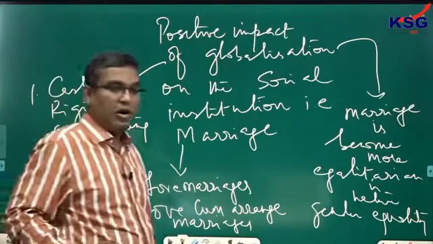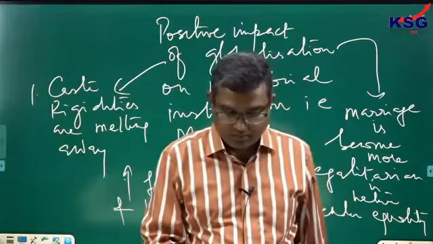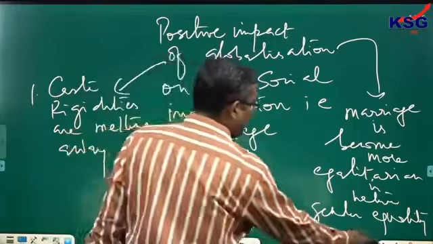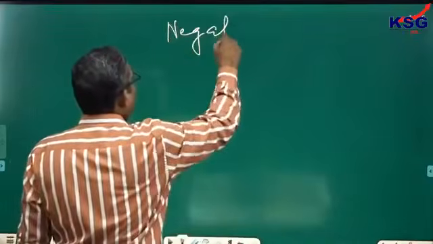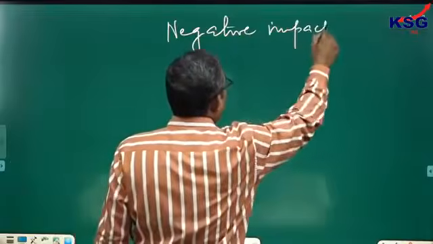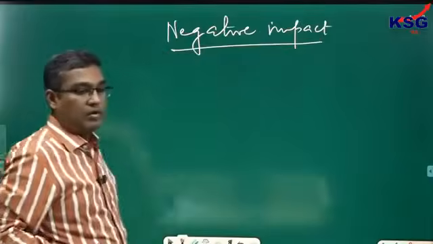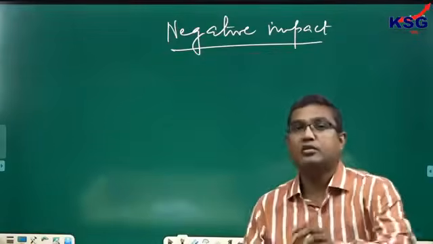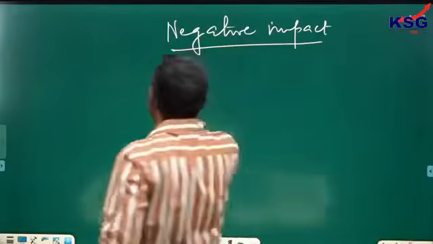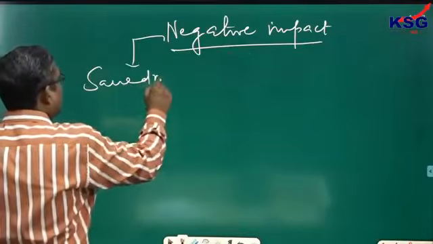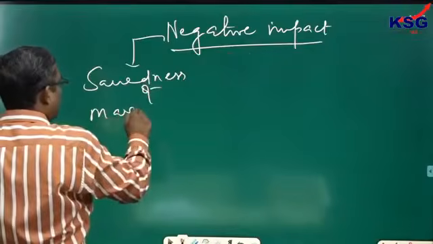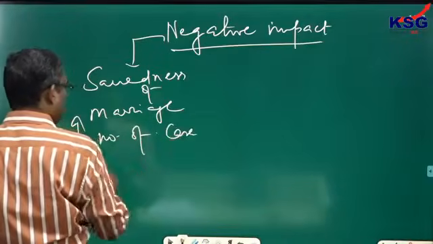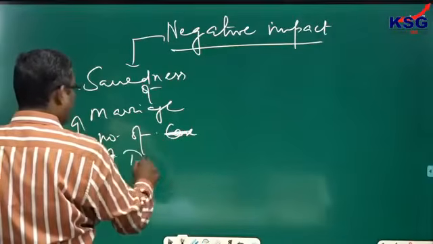Is this clear? Now let us move to the negative impacts. Number one, globalization has reduced the sacredness of marriage, and as a result there is an increased number of divorce cases.